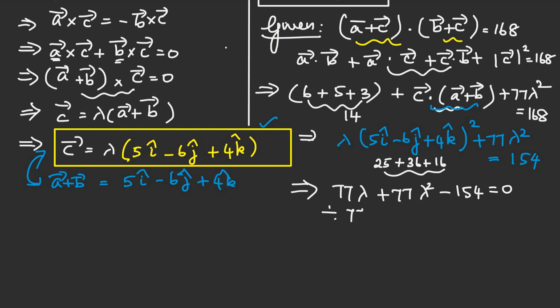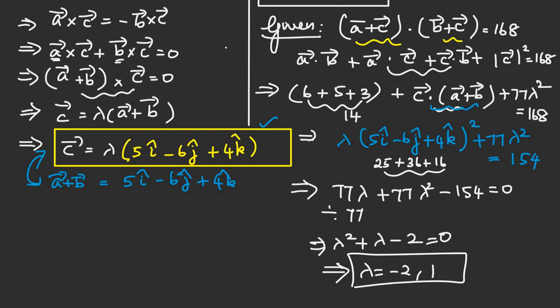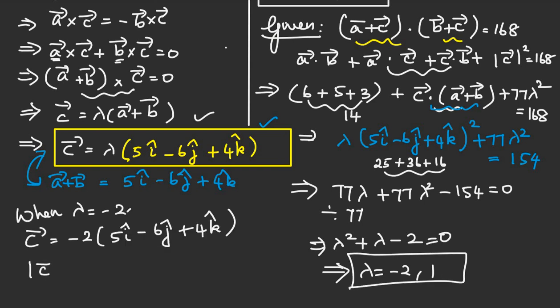So dividing by 77, we get λ² plus λ minus 2 is equal to 0, which gives us λ equal to −2, 1. Now, when λ is equal to −2, |C|² will be equal to 10² plus 12² plus 8², which is equal to 308.